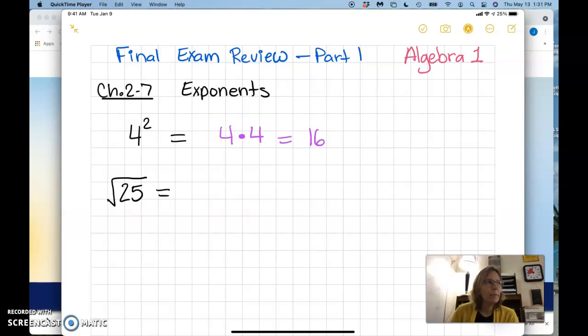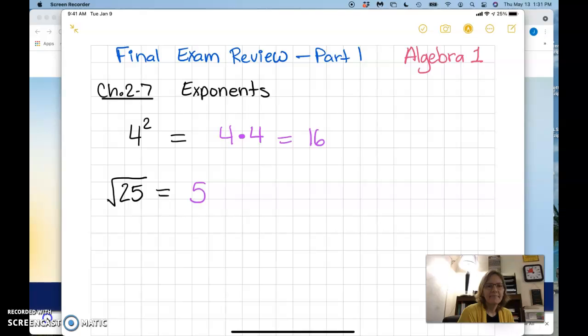So what two numbers can be multiplied together? Yes. 5 is the square root of 25. On the first section of the exam, there's 15 problems, I believe, and they're all on perfect squares. So either the square root or square it.